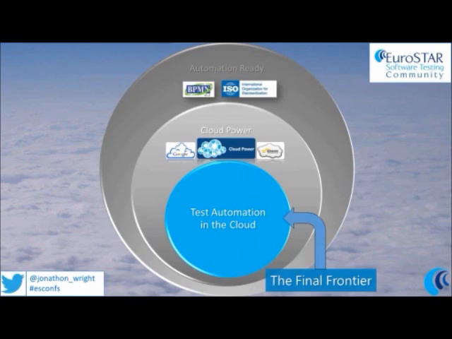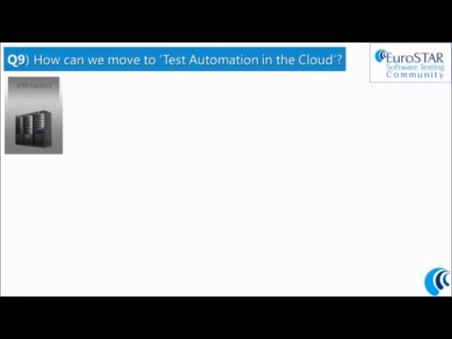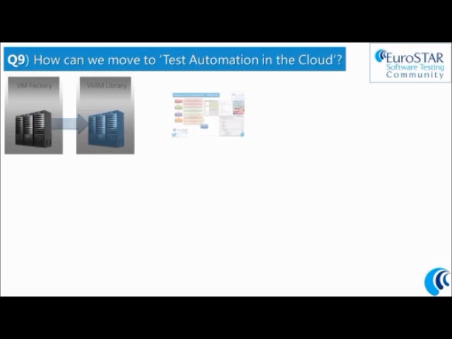The next question, the penultimate question that people ask me, is how can I move what we've got running locally, within the business, into the cloud? This can start as easy as having a VM and moving that VM into a library in the cloud.